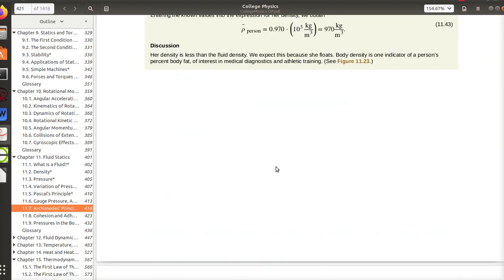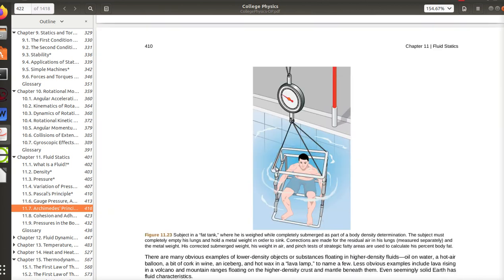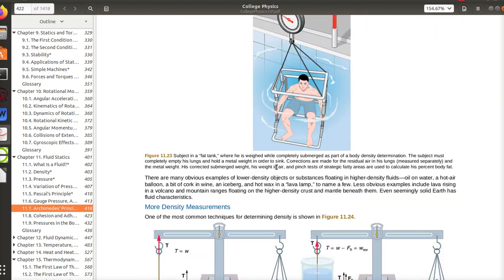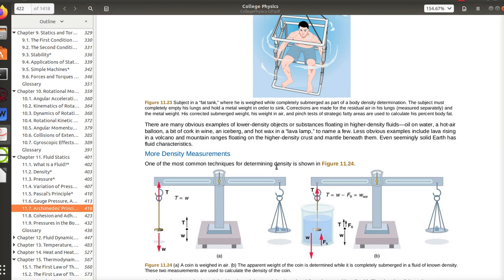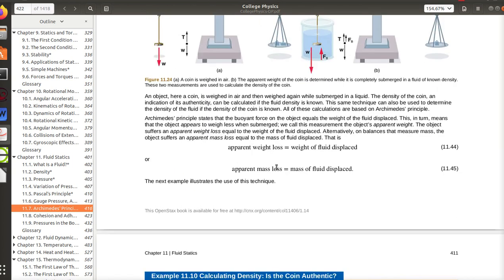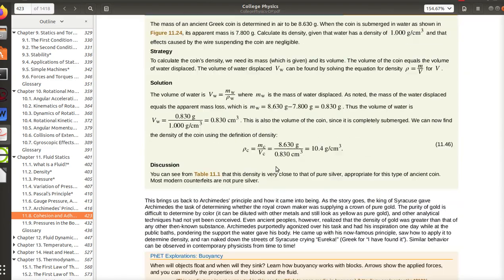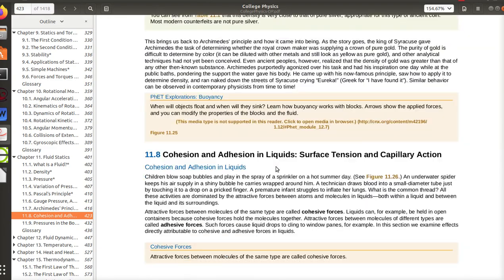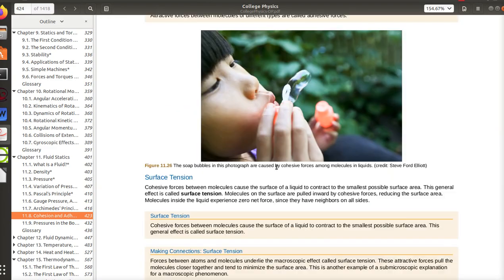And I think this is also how they measure your body mass index, or your density as a person. I think we're done.